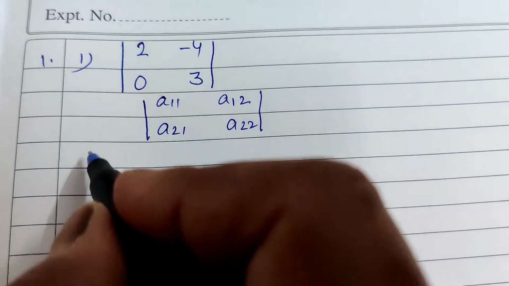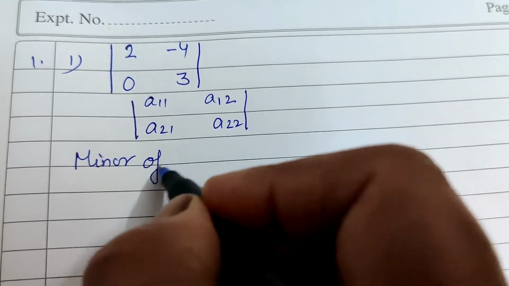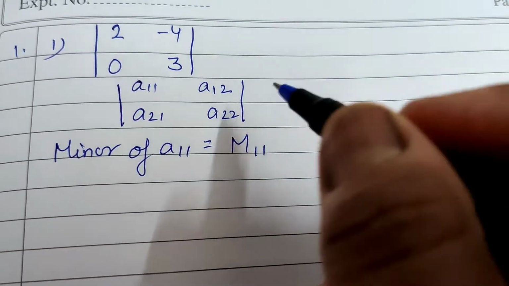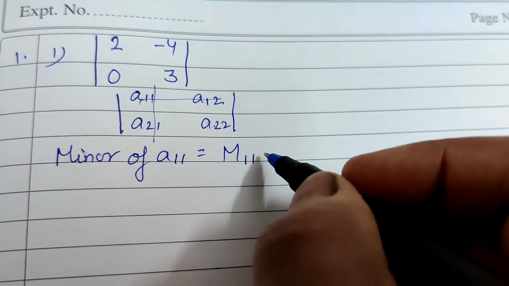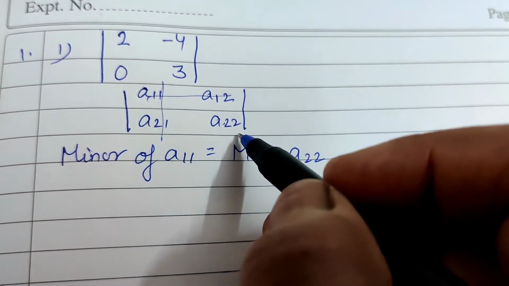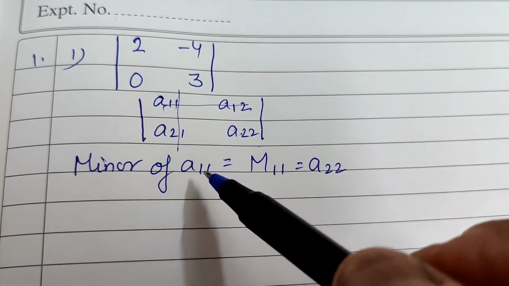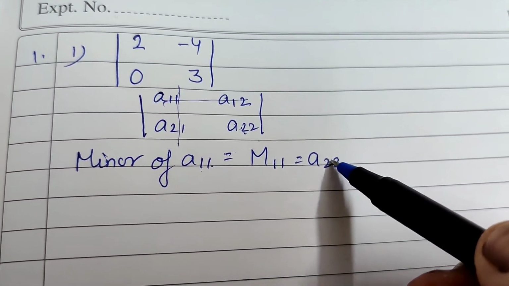Therefore, the minor of the a11 element is M11, and it is a22. Just eliminate the first row and first column; the remaining element is the minor.